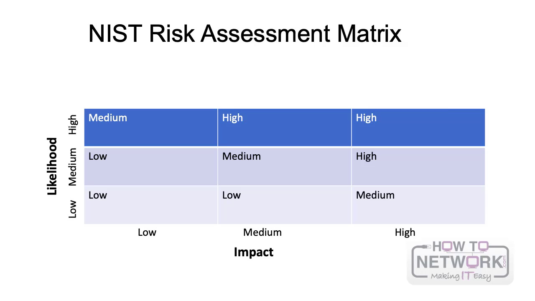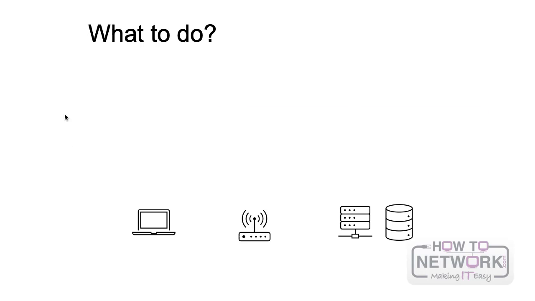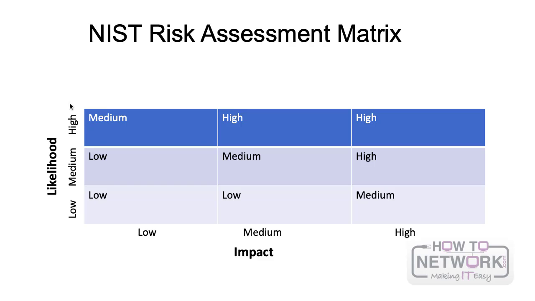So then we're going to have high likelihood with high impact. So the risk is going to be high. So that is how you should use the NIST risk assessment matrix. Again, even though you may not use this matrix, you have to be aware of it and how to analyze it, because you're going to see it in the CompTIA CySA+ exam.